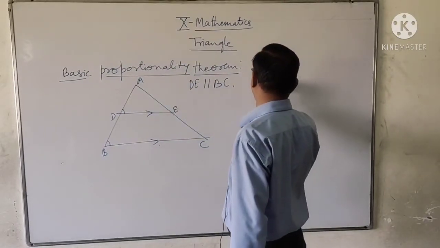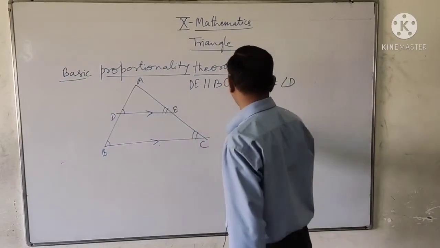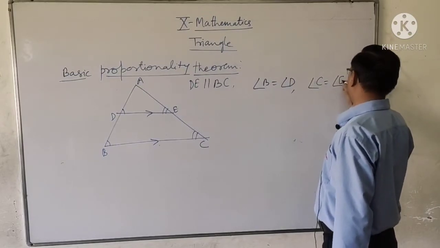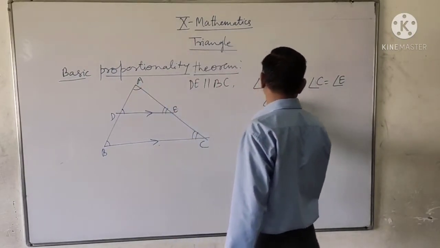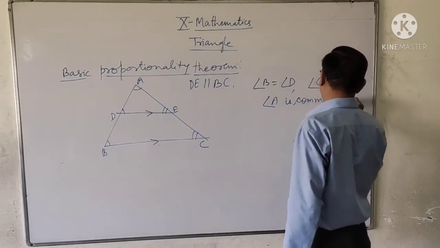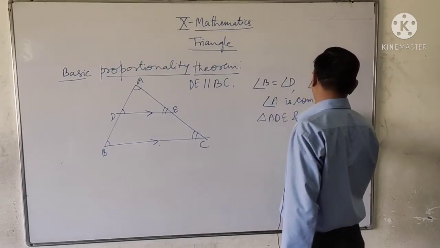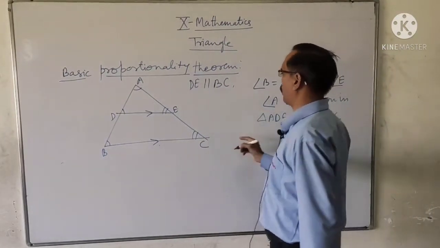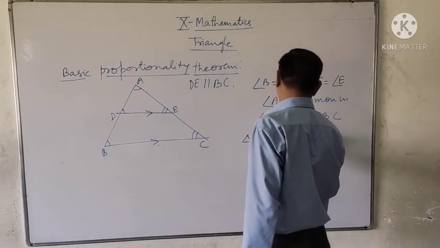So angle B equals angle D and angle C equals angle E, and angle A is common in triangle ADE and triangle ABC. So we can say that these two triangles are similar. Triangle ADE is similar to triangle ABC.